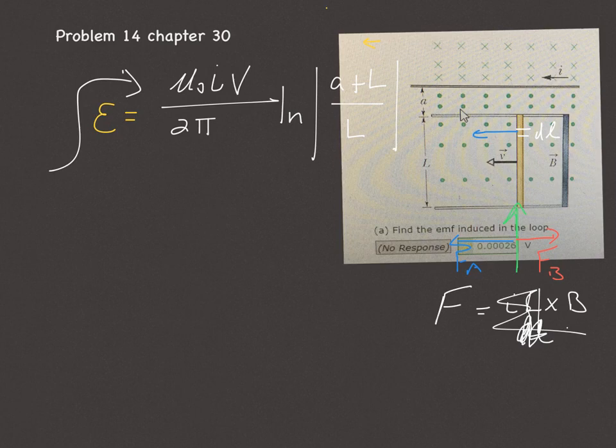The closer it is to the wire, the stronger the magnetic field is. The current is the same everywhere throughout the wire, so the little dLs will all be the same. The strength of the field is going to be different.